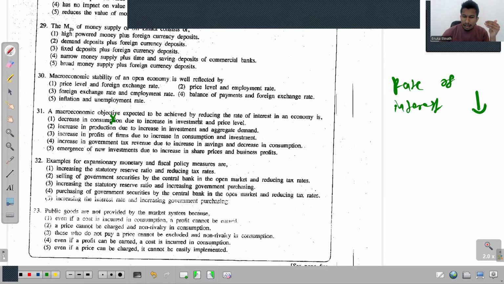And increase in investment, yes, that happens. When the rate of interest is decreased, the investments will increase, and the price level will also go up. So these two are correct, but the first part is wrong in this statement. Second one, increase in production due to increase in investments and aggregate demand. 100% correct.